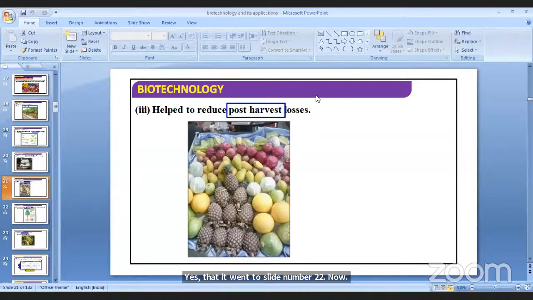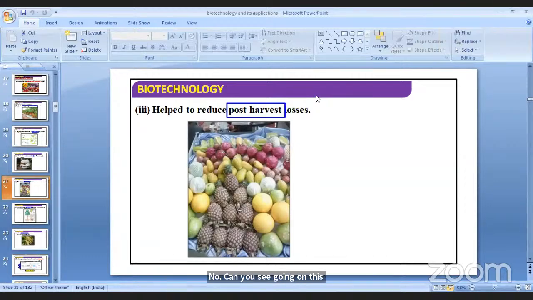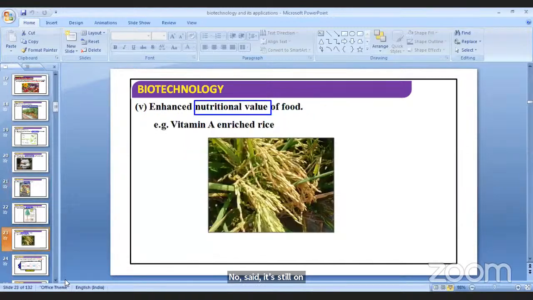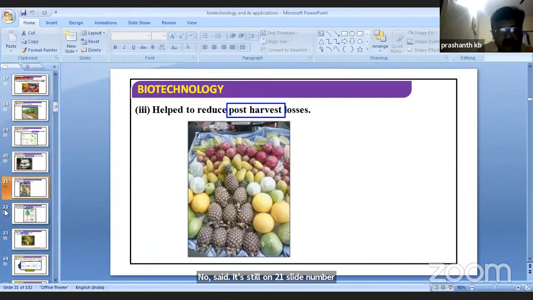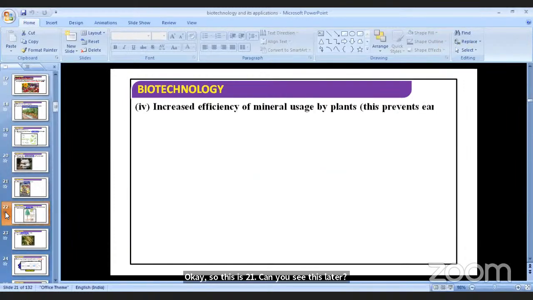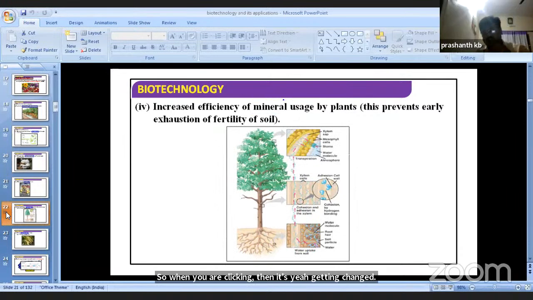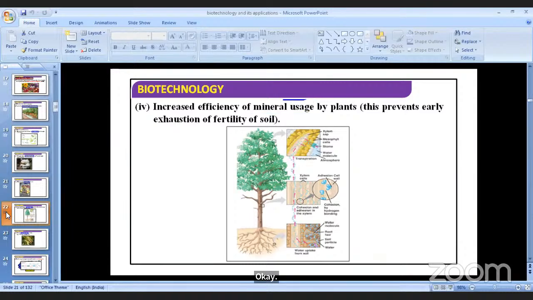Sir, try changing it once again, because it's still on 21 only. Now, can you see golden rice? No, sir, it's still on slide 21. Can you see this 22? Yes, sir, when you are clicking, then it's getting changed. Okay, I'll maintain it like this instead of full screen. Otherwise, if I maintain full screen, I don't know where it is getting stuck.